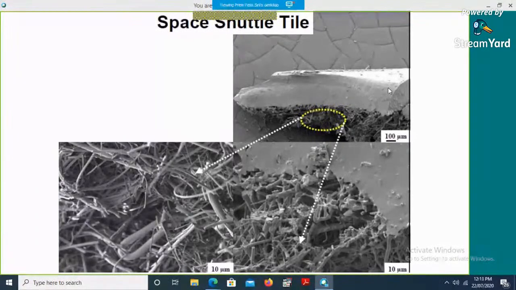Those kinds of information we can study by using a scanning electron microscope. So it's commonly used to study failure modes, be it composites or metals.